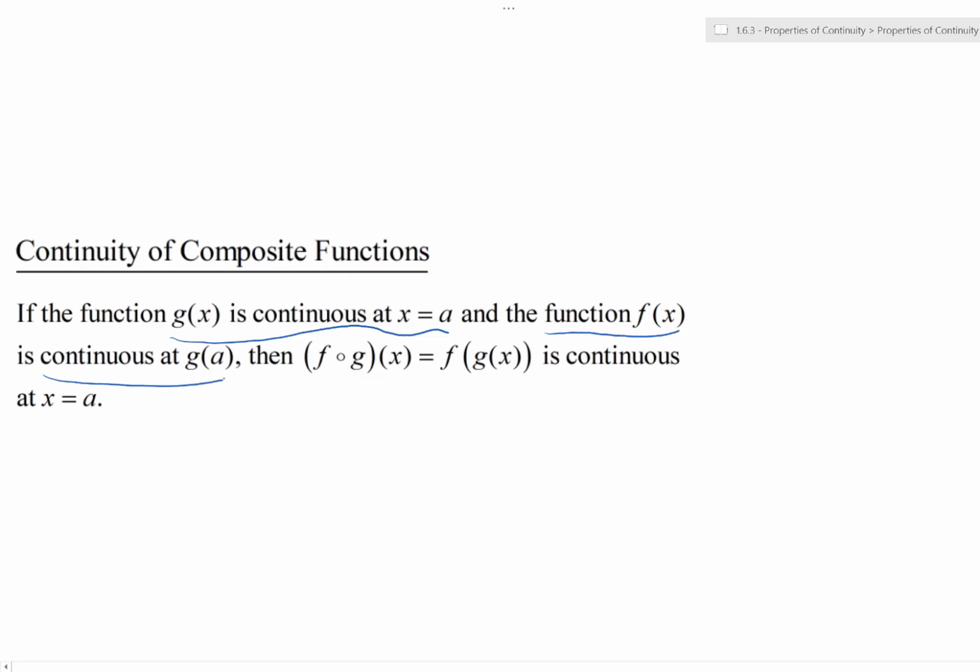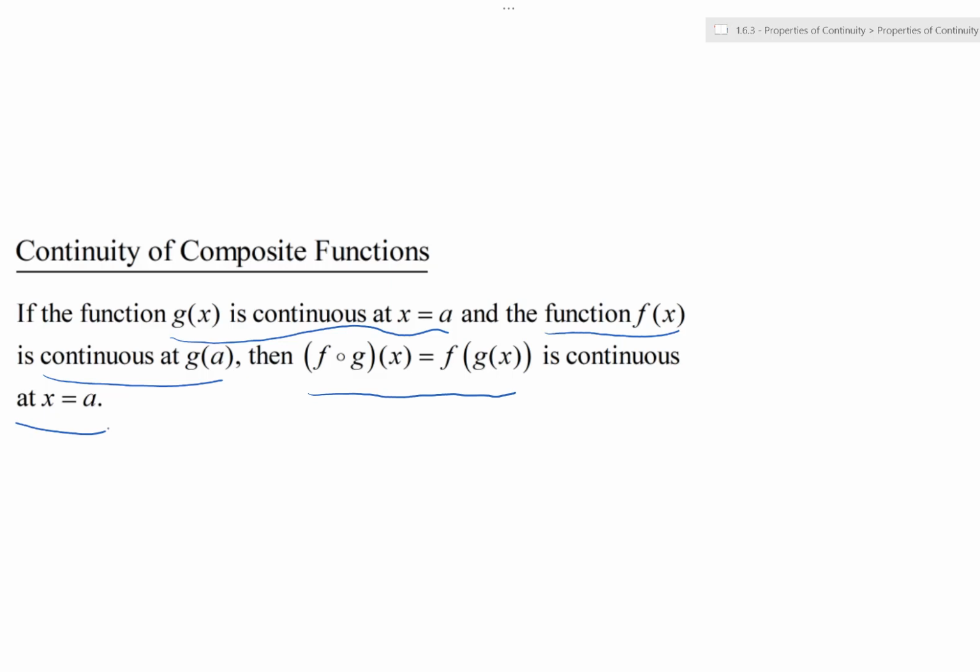Of course, the result of inputting a into g becomes the input for this function f of g of x, as we see here. As long as there's continuity as just described, the composite function f of g of x is going to be continuous also at the location x is equal to a.